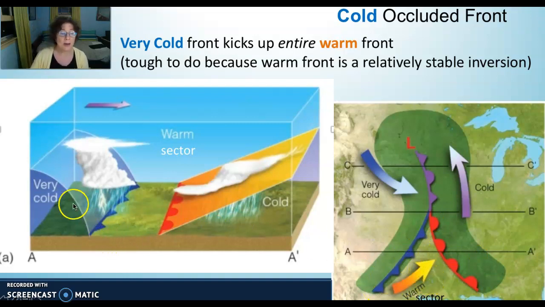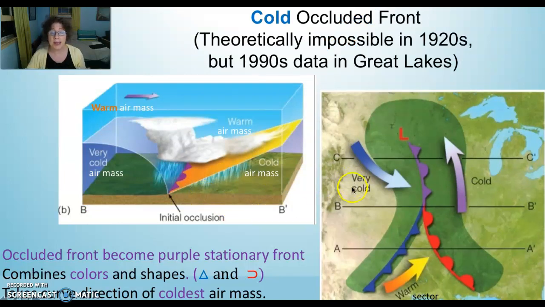And that's what we have here. We have this cold front chasing down this warm front. When we get to B, the cold front caught up with the warm front. The occluded front is now a combination of the blue cold front and the red warm front to make a purple sign.